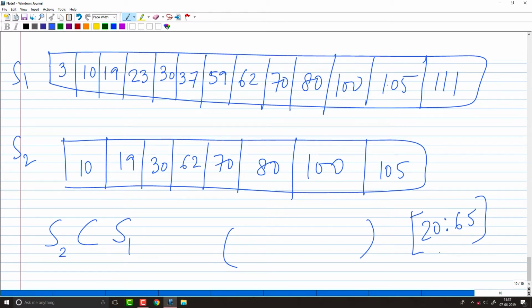See what happens for a binary search on S1. You keep on shifting to get a split node, then you go left, then you go right.